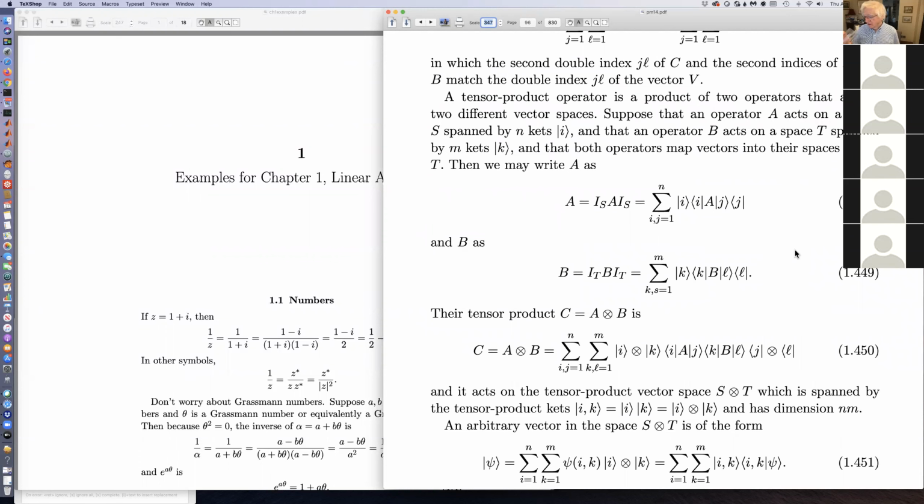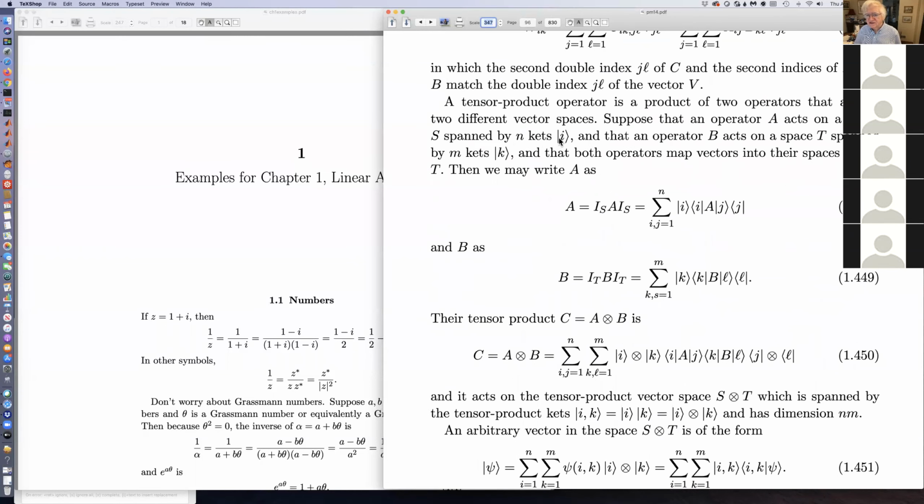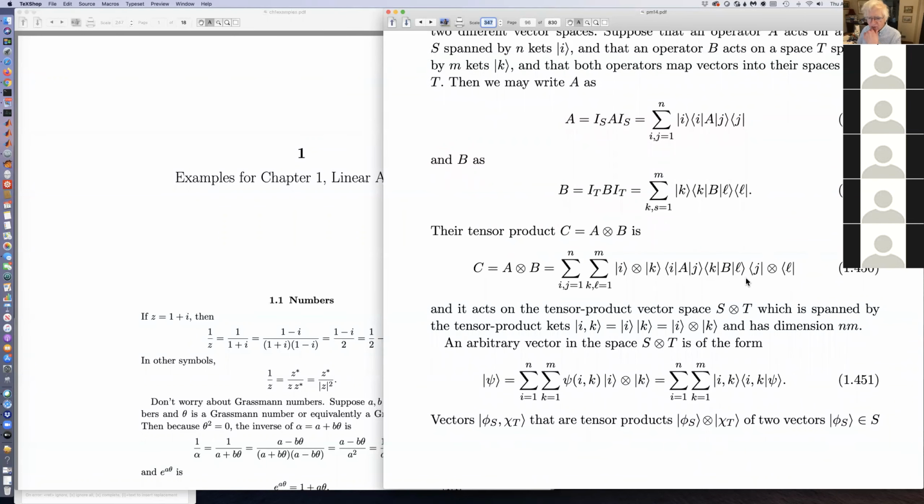The tensor product operator is a product of two operators that act on two different vector spaces. A acts on kets I and B on kets K, then A and B look like this, and the tensor product looks like that. Now, this is a very formal notation. We'll use a simpler notation in a moment. In fact, this is the simpler notation.